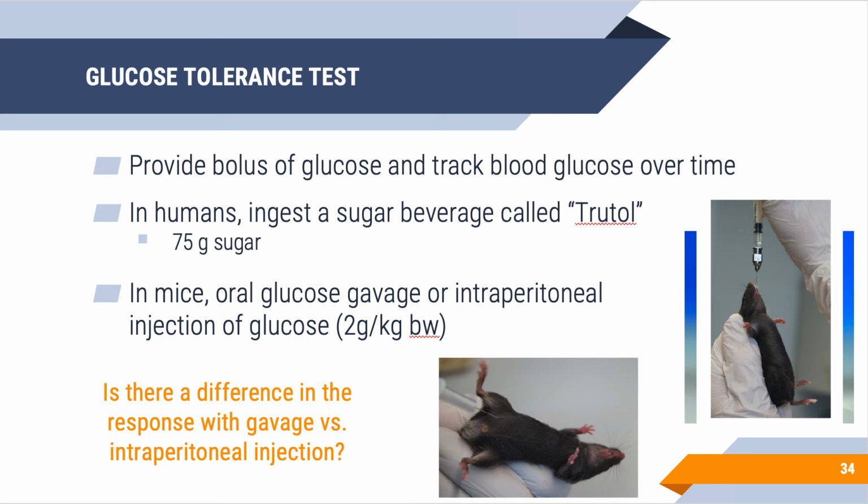One thing that we talked about in class is the difference in the response with a gavage versus intraperitoneal injection. These are the things we should be thinking about when we're talking about our presentation papers and methodologies used for research.